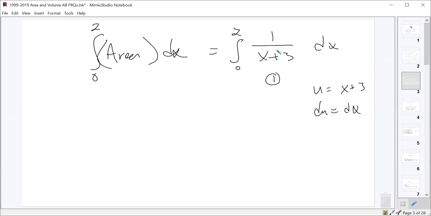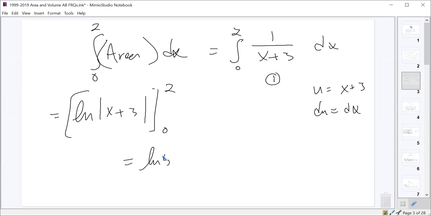So that's the natural log of the absolute value of u, or natural log absolute value of x plus 3, which gives the natural log of 5 minus the natural log of 3. You would have got 1 point for that and 1 point for that. You could also have said it's the natural log of 5/3. That'd be fine too. Either way. Any questions on part B there?